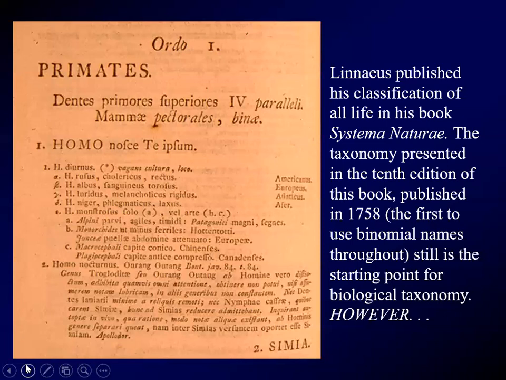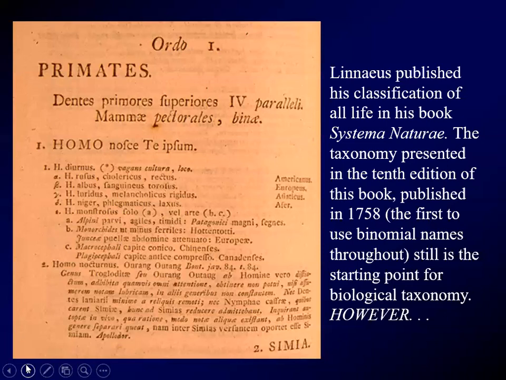He's divided, by the way, Homo diurnus into Homo rufus, red man, Homo albus, white man, Homo luridus, yellow man, and Homo niger, black man. And then finally, Homo monstrosus, which is where he puts all of these strange travelers' reports of giants and dwarves and things like that. So that's his early draft of how you classify things.